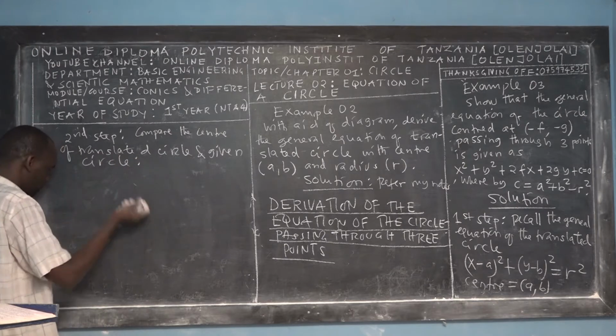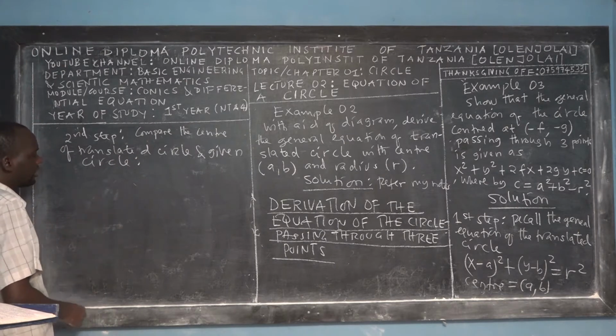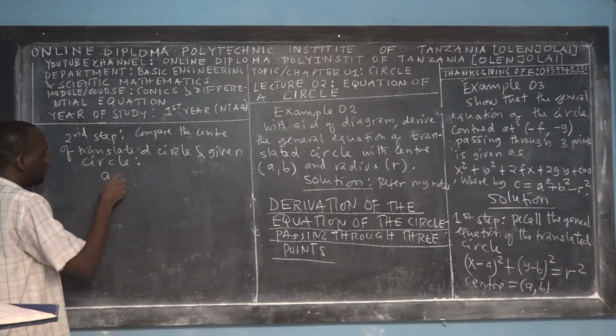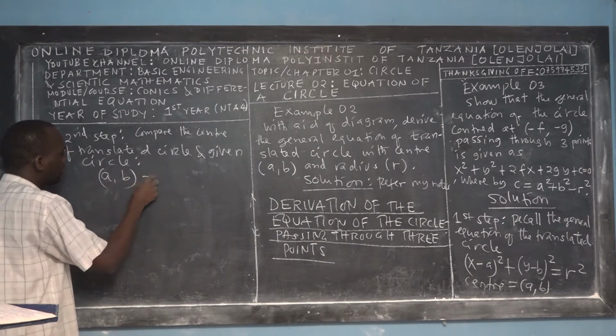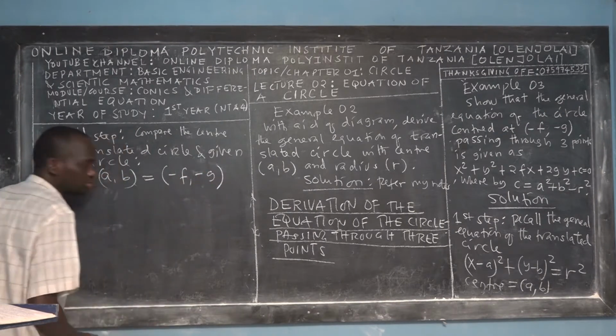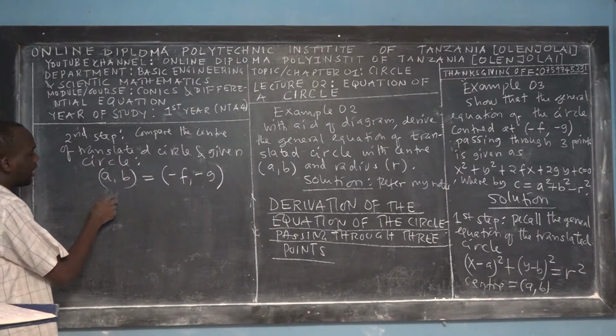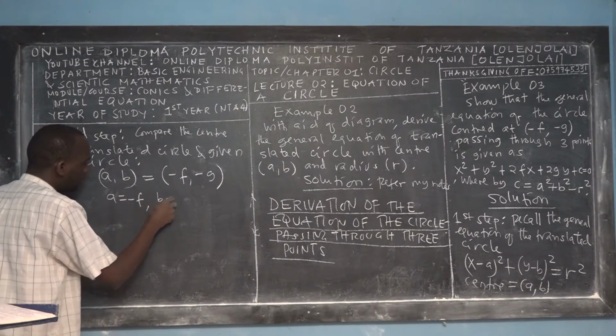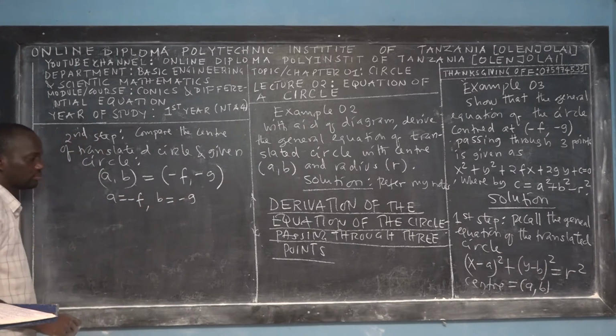What does this mean? We are using what we have written above. The center of the general equation is a comma b. The new center is negative f comma negative g. So in this case, a corresponds to negative f and b corresponds to negative g.